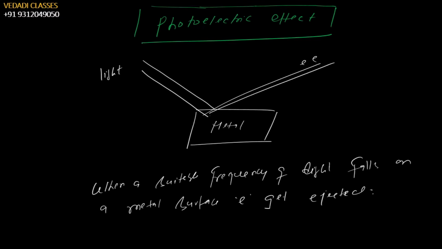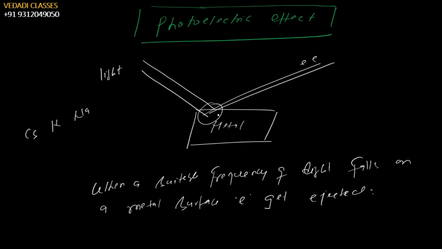For different metals, this suitable frequency of light must be different, like when we talk about cesium, potassium, sodium, the frequency of light will be different.